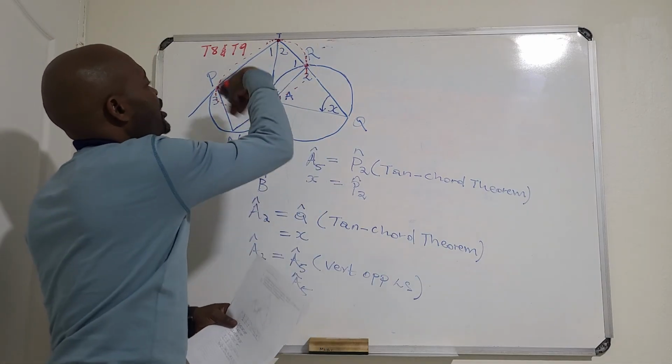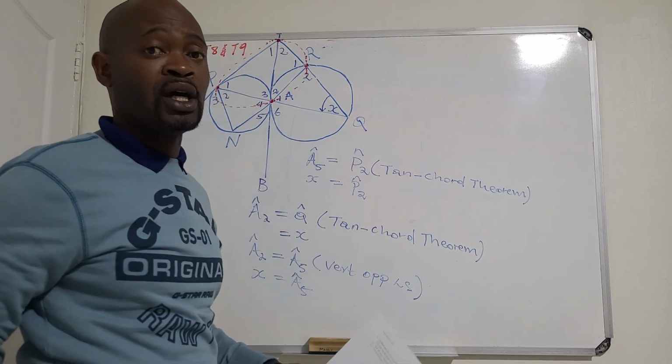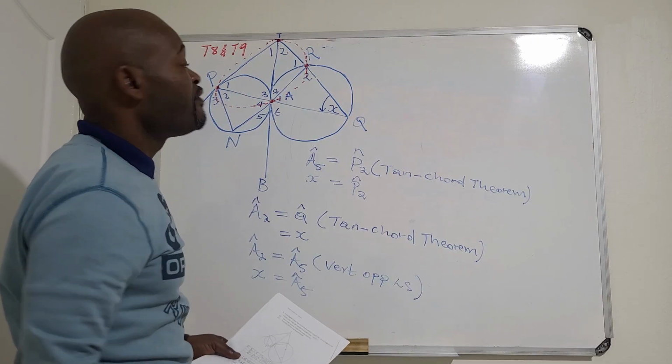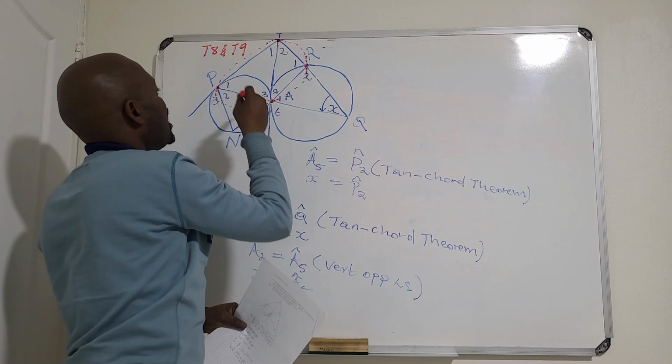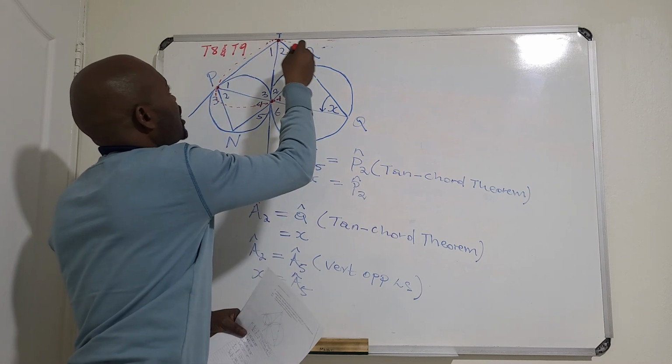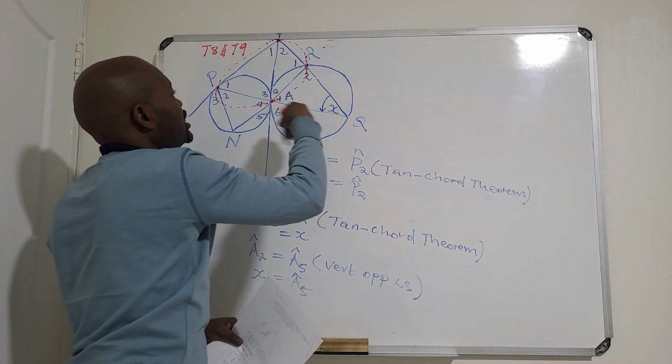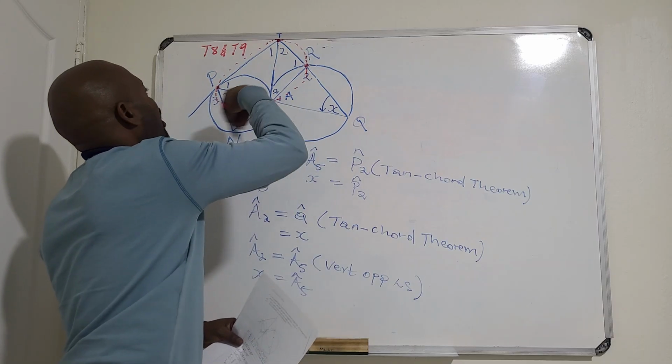Yes, it does not look like a circle because this is not drawn to scale. Therefore, they are not saying that you must prove that APTR is a cyclic quad of this circle or this circle.